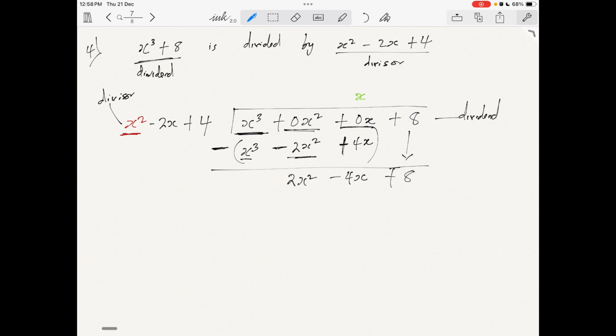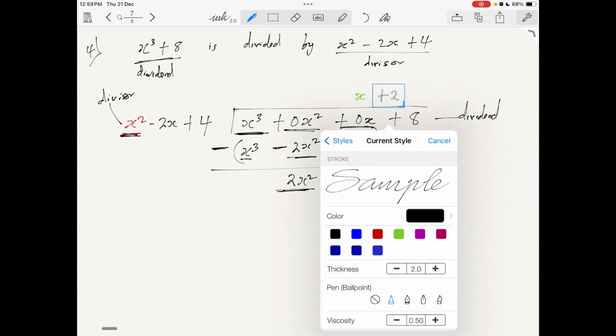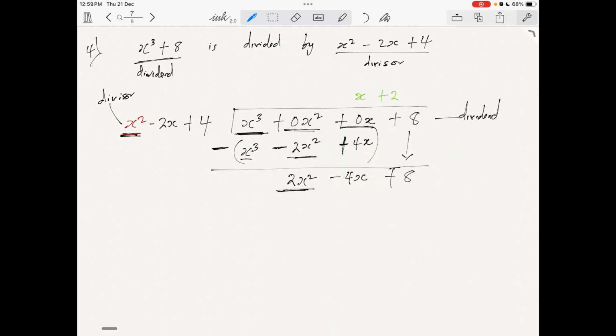Okay, and we continue again. We'll have to divide the first term of the result by the first term of the divisor. As 2x squared divided by x squared, that will give me plus 2. Okay, so then we have plus 2 multiplied by the whole of the divisor.